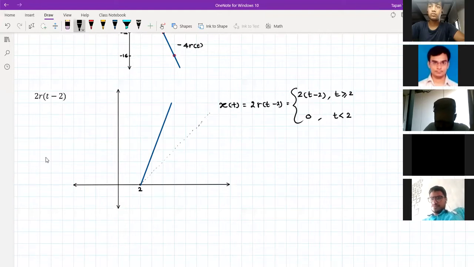So this is x of t, which is equal to 2 r of t minus 2.